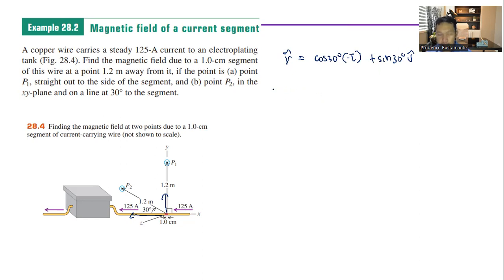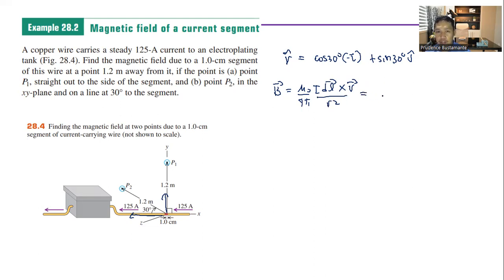Okay, so therefore the magnetic field is equal to mu naught over 4 pi I dl cross r hat over r squared.